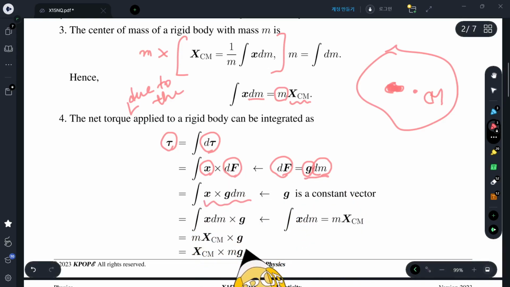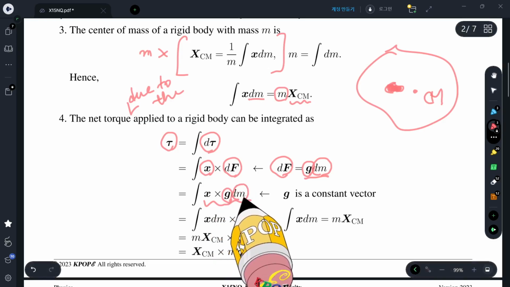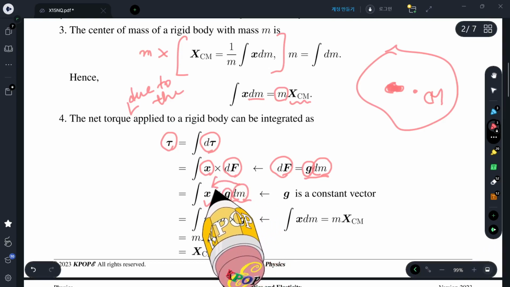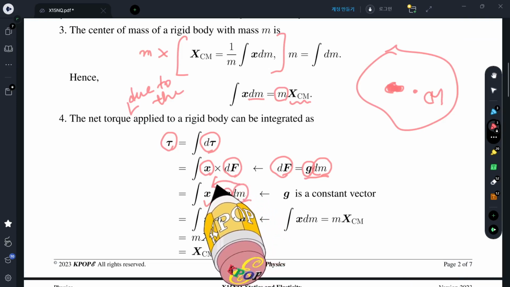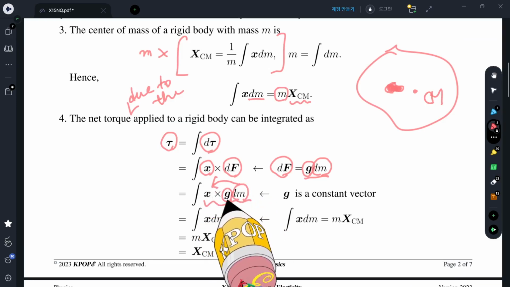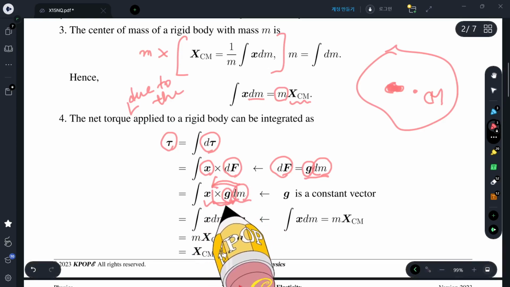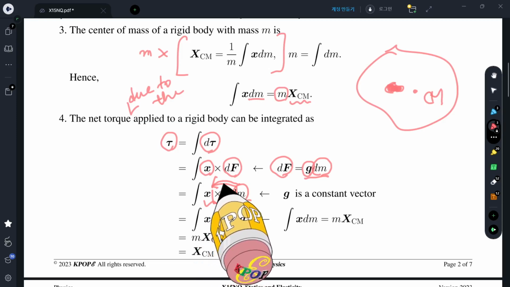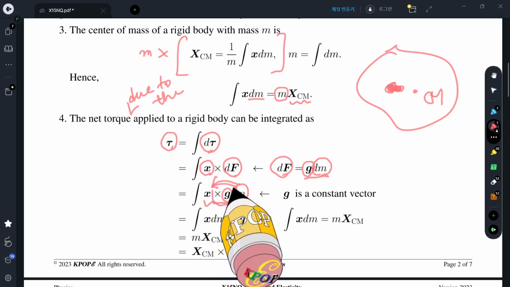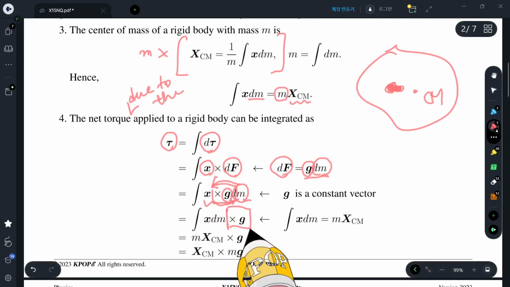Again, we find that this g is a constant vector, and this is a scalar. We can make a commutation. This mass is commutative. So bring it inside, and the cross product with the gravitational acceleration can be pulled out of the integral. And this cross product is not commutative. We must not exchange the order. So cross g is still on the right hand side.